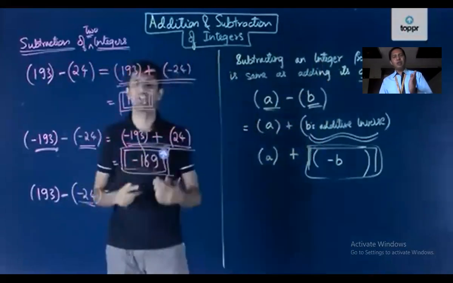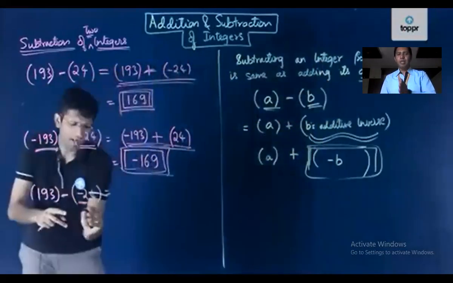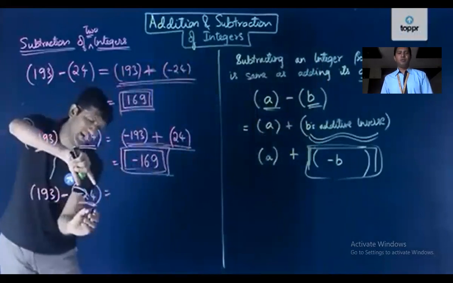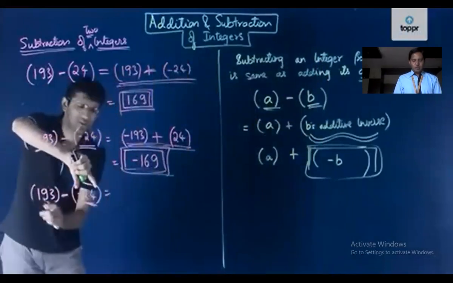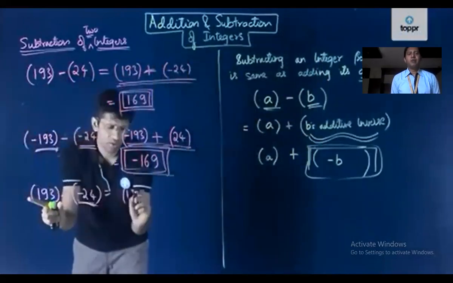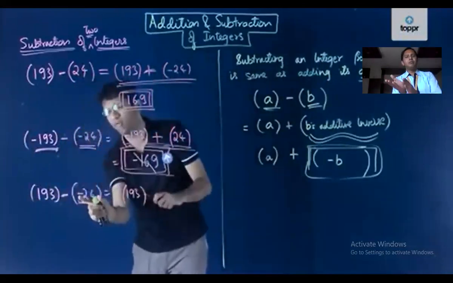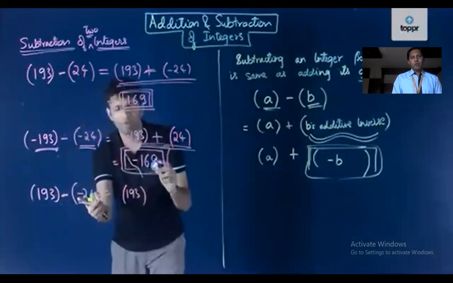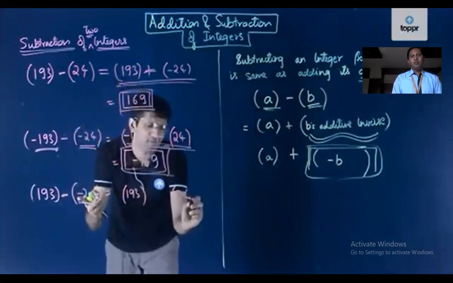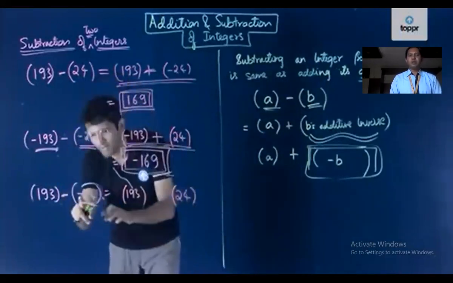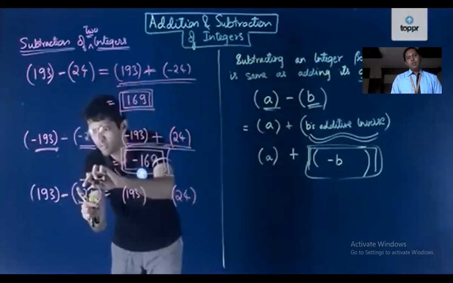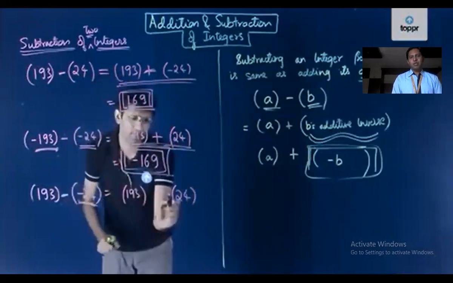So we write 193 as it is, the sign in between these two is negative, that will become positive, and the additive inverse of minus 24 is plus 24.